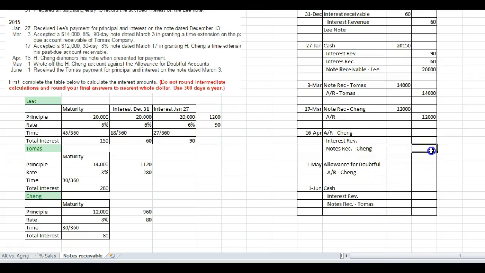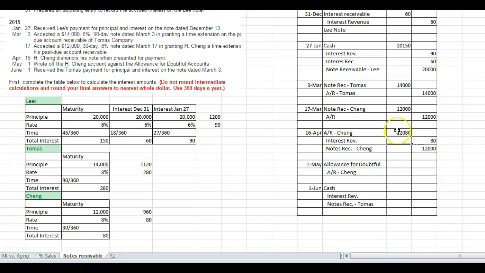So to do that, let's see, we got $12,000 in principal. They owe us $80. I'm not going to let that go, right? And I'm going to set up an accounts receivable for $12,080.